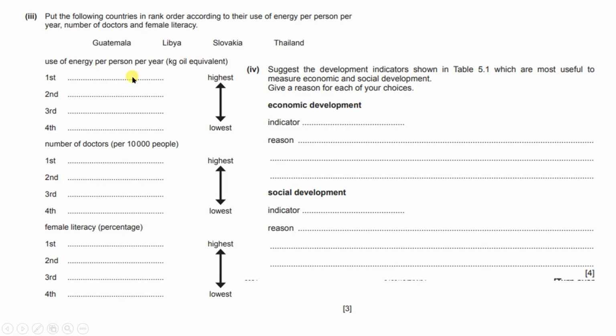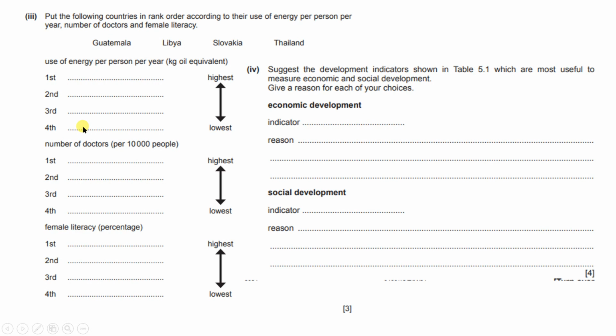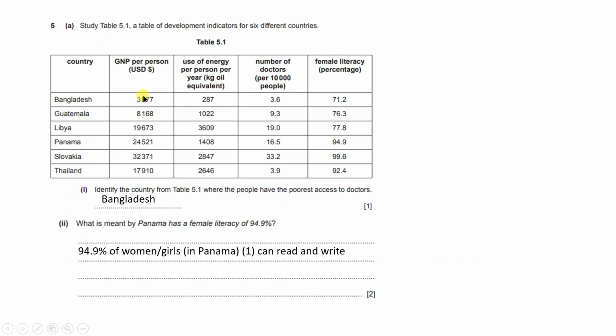Libya, what the first one is energy use per person. Okay, so Libya, Slovakia, Thailand, and this. So I think Slovakia is first, then Libya, then Thailand, then that will be the last one.